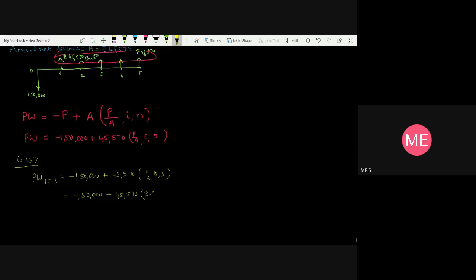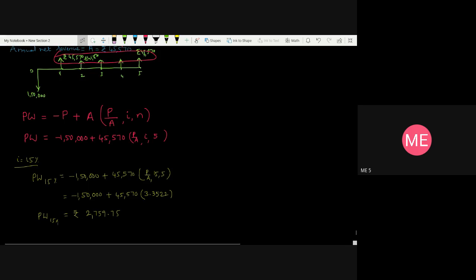This is from the table. Once you simplify this equation, I'll be getting rupees 2,759.75. So this is the present worth value at 15%.